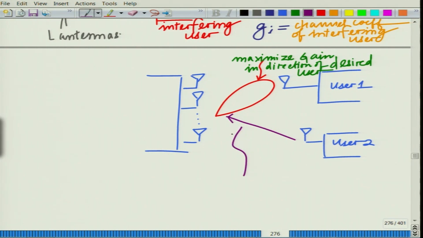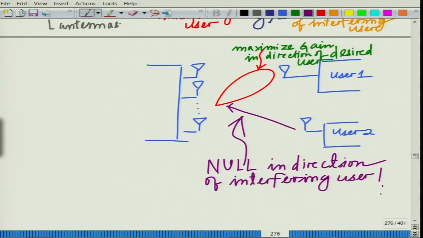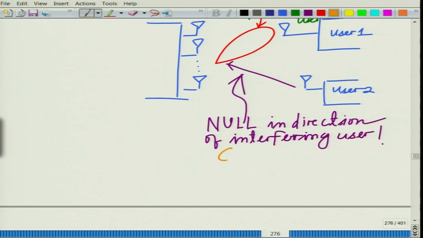So, there is a null in the direction of the interfering user.